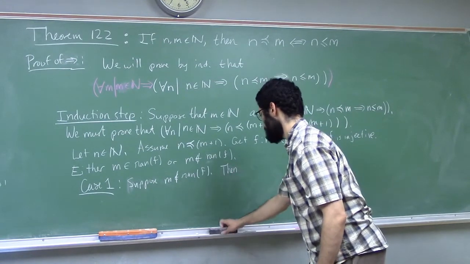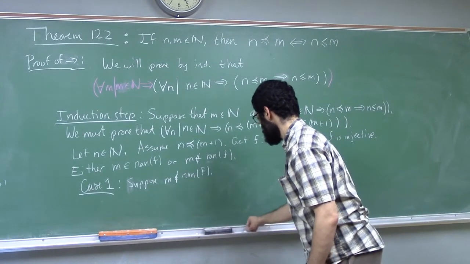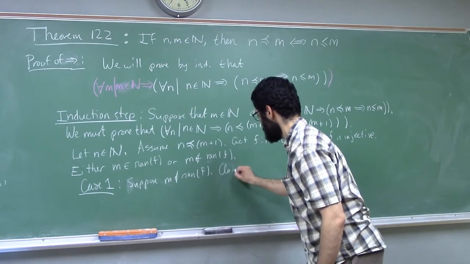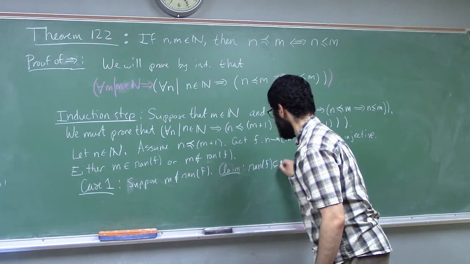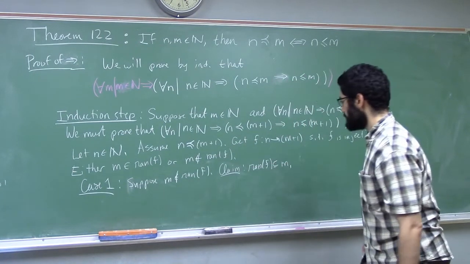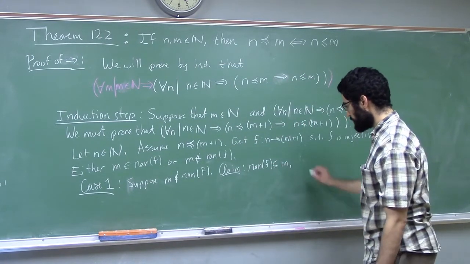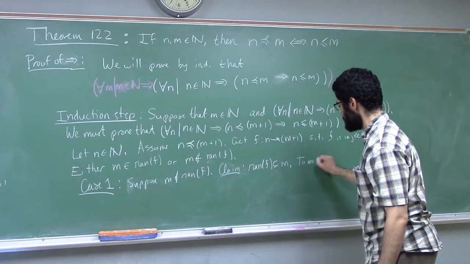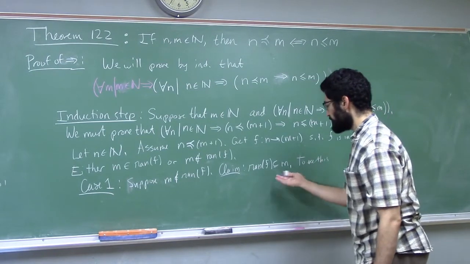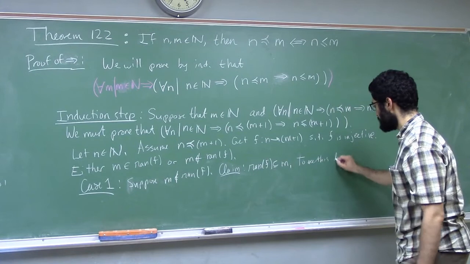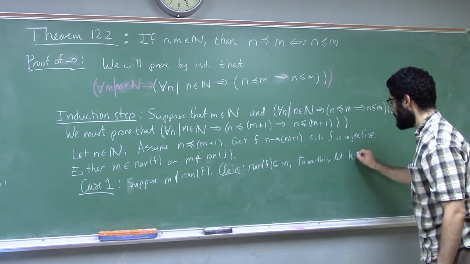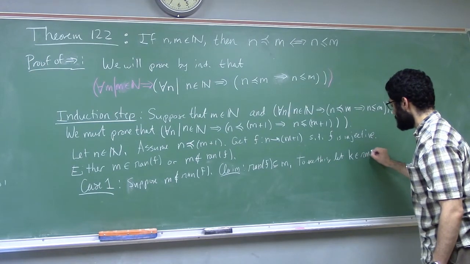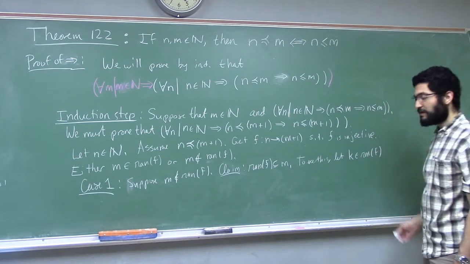Then claim the range of f is a subset of m. So to see this, it is a subset statement, so let's call it k, be in the range of f.